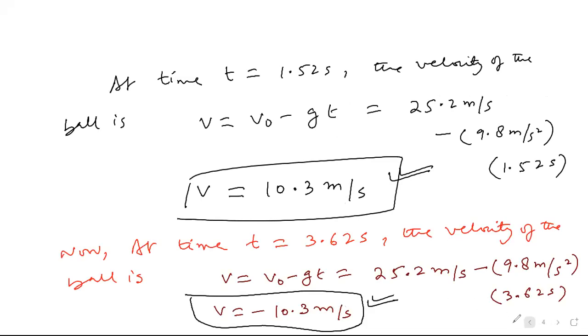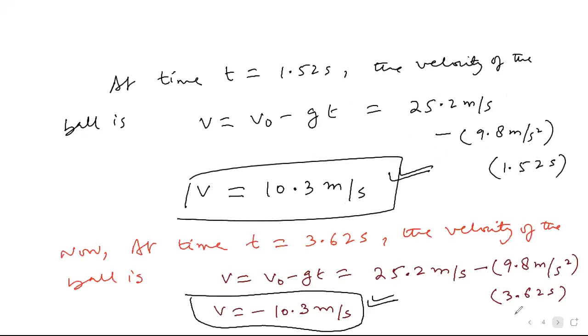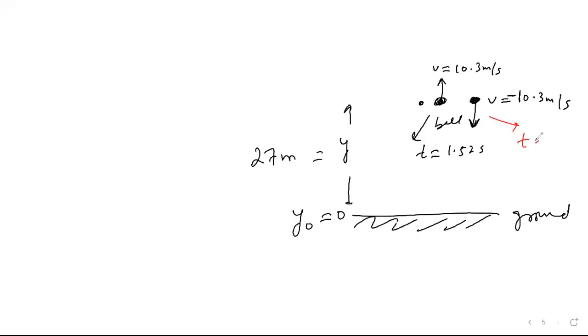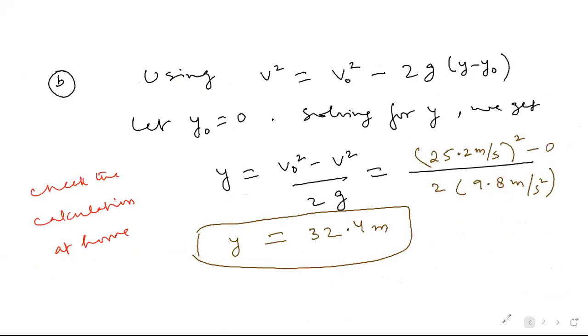At first instant, time is 1.52 second. Here time is 3.62 second, right? This is the justification. That means at two times this ball is at same height above the ground, which is 27 meters.